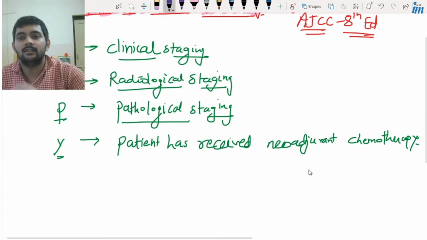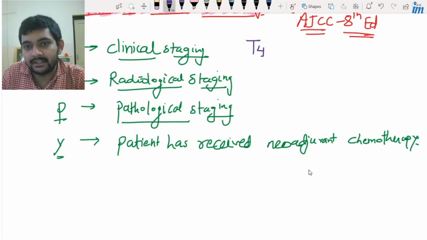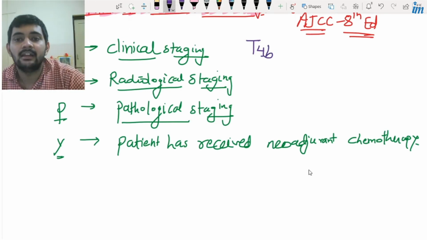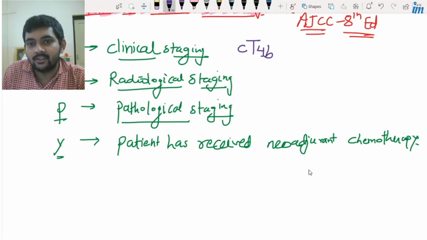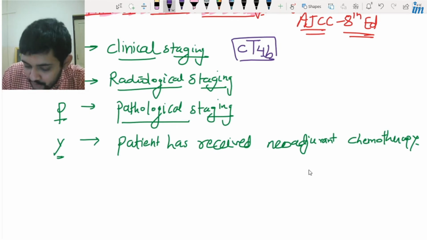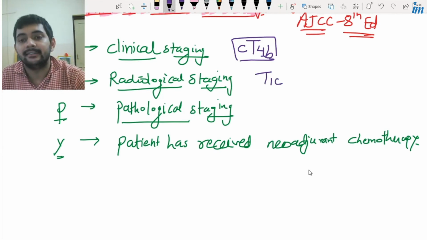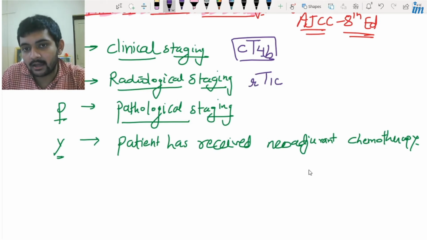If you have done a clinical examination and the stage comes out to be T4B, then the stage will be called CT4B. If you have done a radiological investigation and it says that it is T1C, then that will be written as RT1C.